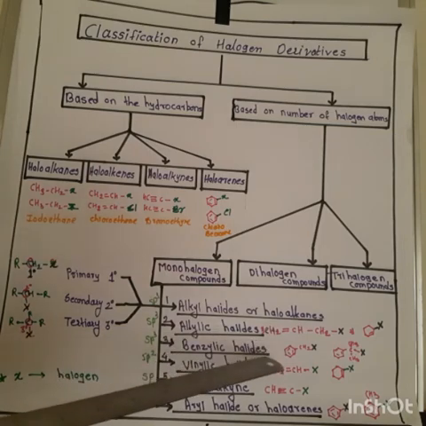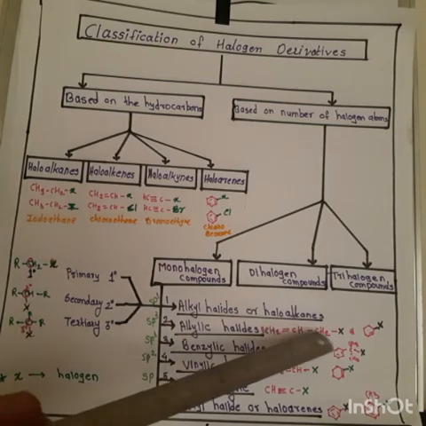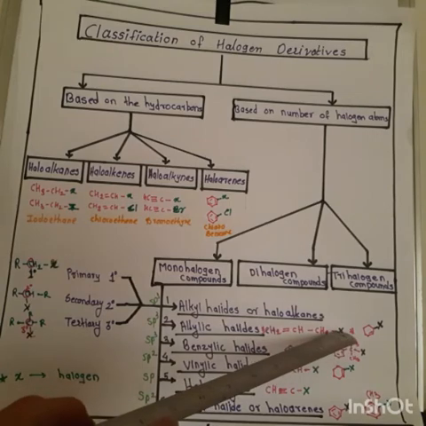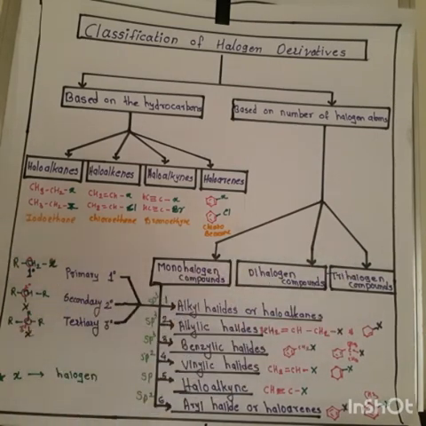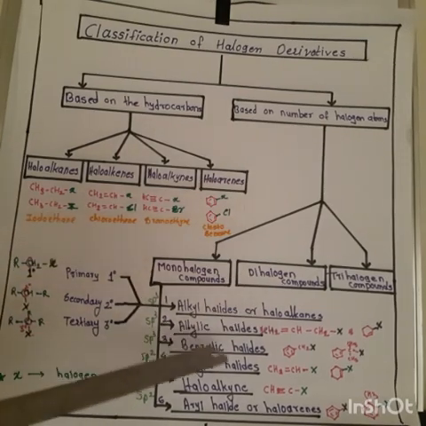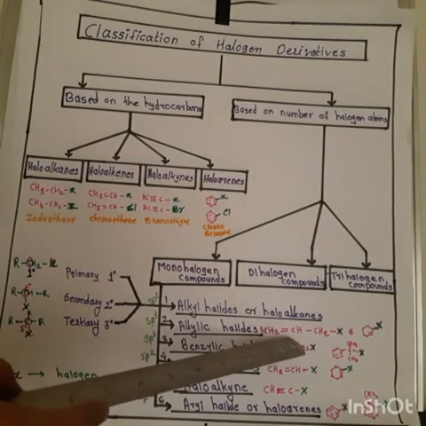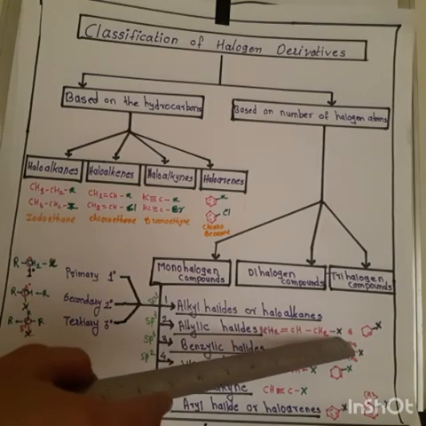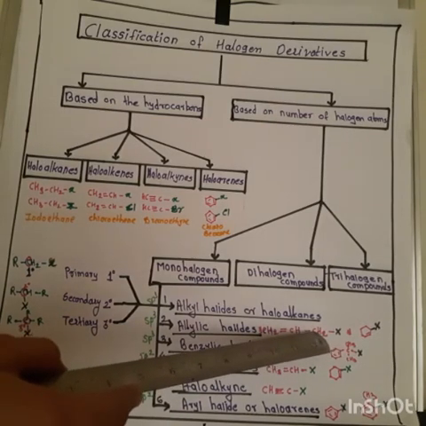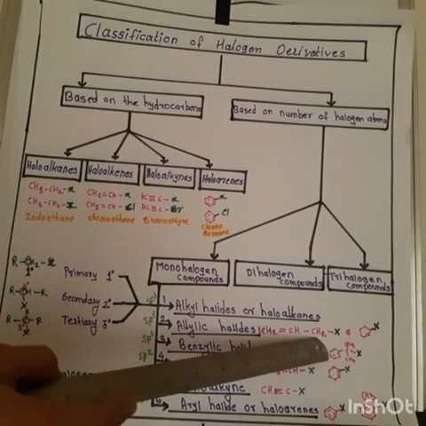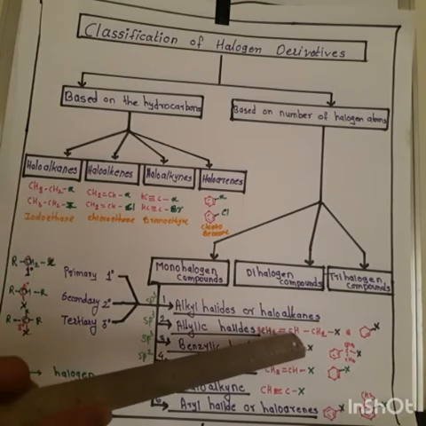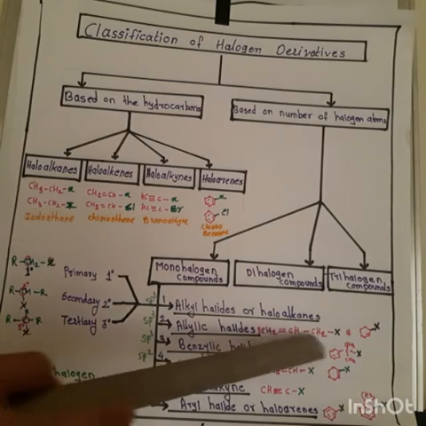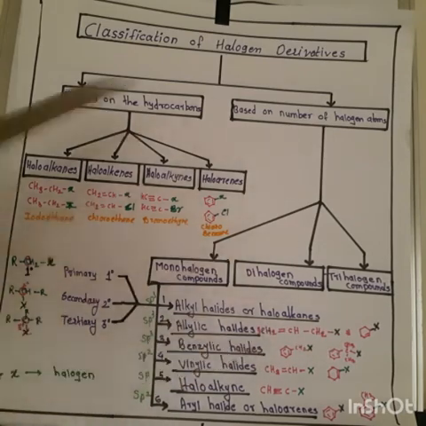In allylic halides, the halogen atom is bonded to the sp3 hybridized carbon atom next to the carbon-carbon double bond. Whenever the halogen atom is attached to such carbon which is sp3 hybridized and which is further attached to a carbon-carbon double bonded carbon, such compounds are allylic halides.